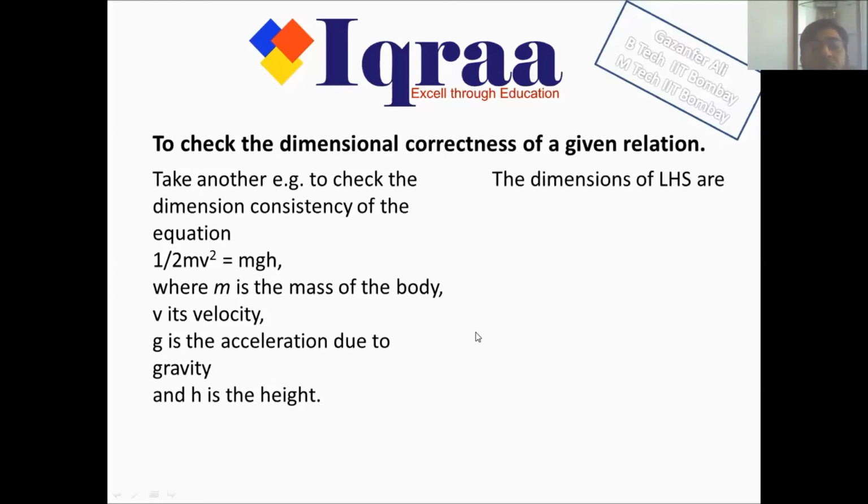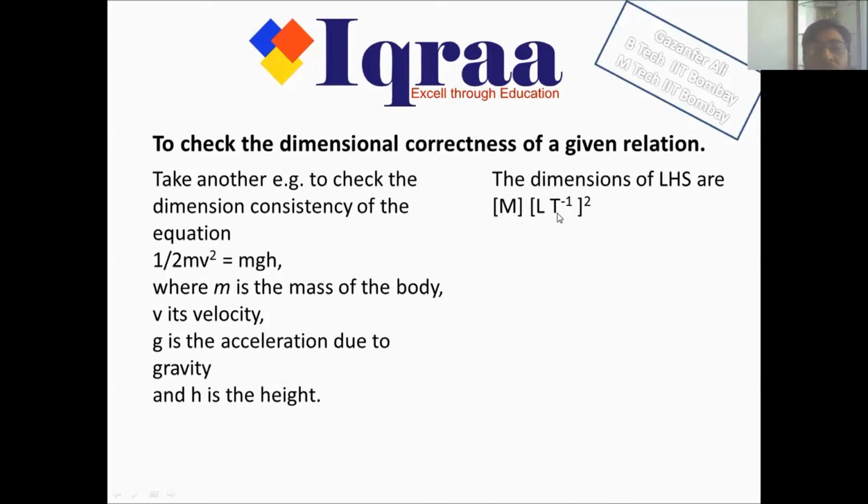So if we take the dimensions of the left hand side, half mv square, half is a constant, we can ignore it. m is the mass and v is the velocity, and we know that the dimension of mass is M and velocity is LT to the power minus 1. So I'll write here M, LT to the power minus 1, whole square.